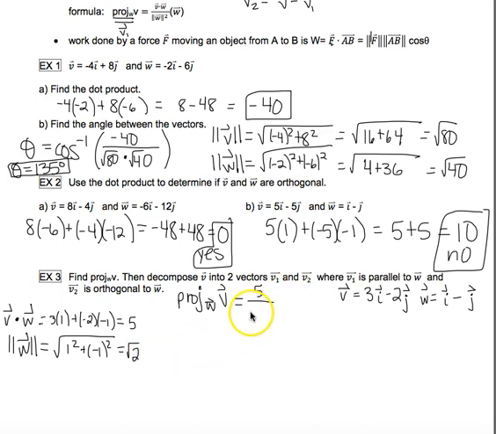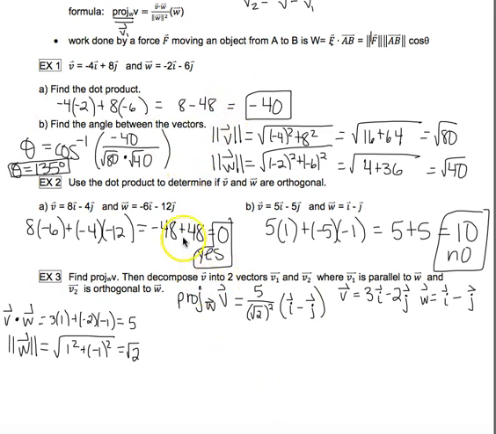So I have square root of 2 squared. And then I'm going to multiply all this times the original vector w, so vector i minus vector j.